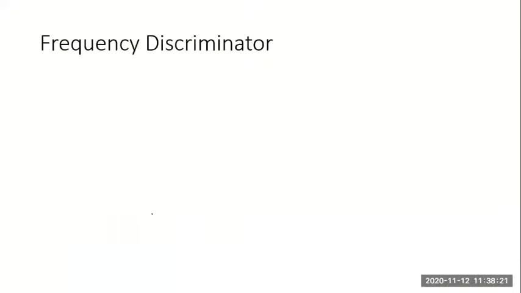Okay. So first let's see what is a frequency discriminator. As I was telling you the other day, a frequency discriminator is a circuit which will vary the amplitude or voltage of a signal in accordance with frequency. So, a frequency discriminator is a circuit whose amplitude changes according to the frequency.